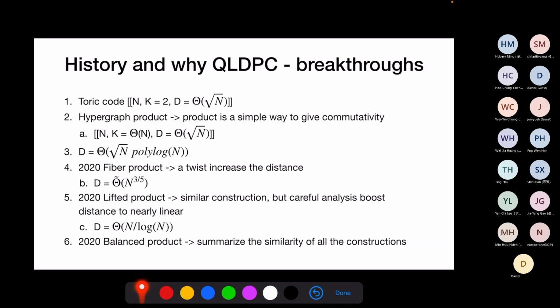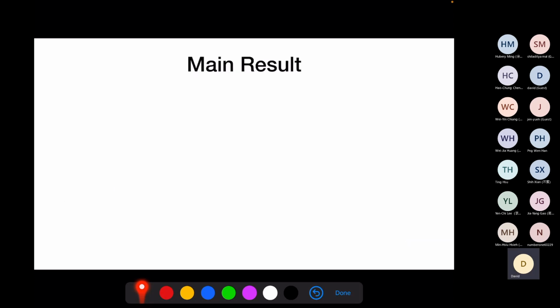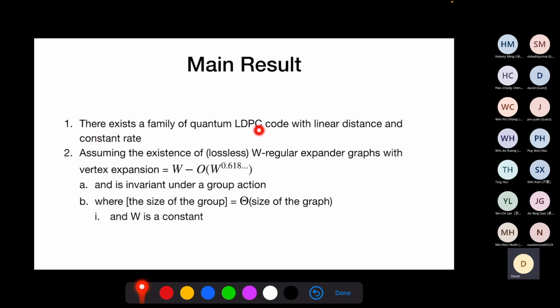Okay, that's everything about history, and I want to state the main results. The main result is that we're able to find a quantum LDPC code with linear distance and constant rate if we have the following object: if there exists an expander graph with vertex expansion of this number, then we can find a quantum LDPC code.